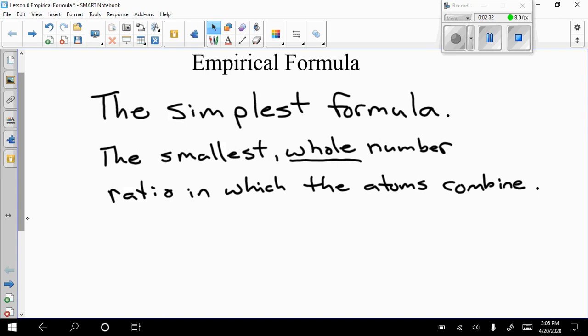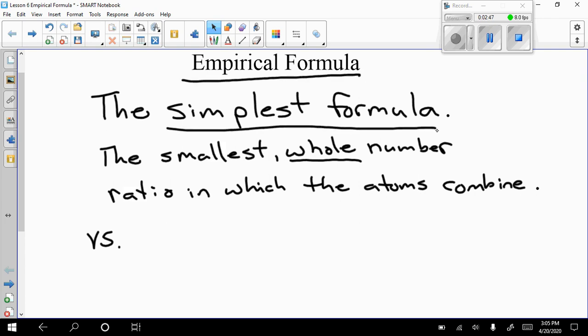So one thing to distinguish here, and we're going to be talking about this more in the next lesson, is this lesson is all about the empirical formula, or the simplest formula, but just to contrast it to the molecular formula.